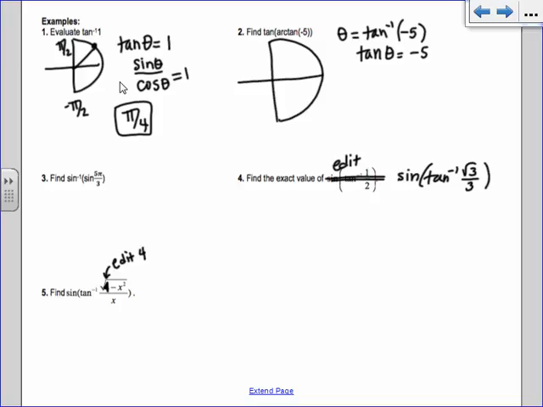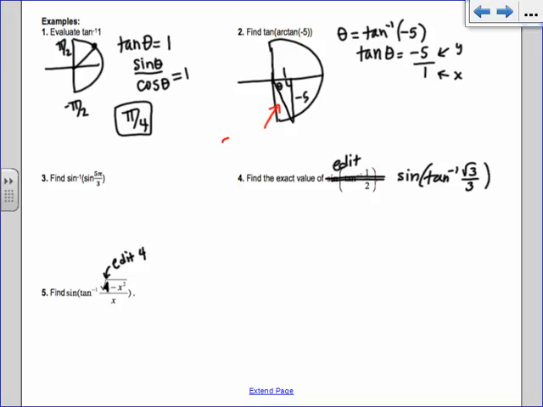And when I sketch out this triangle, I want it to be negative 5 over 1. If you remember, this is the y value over the x value, right? So I'm going to have an x value of 1 and a y value of negative 5. And then my theta is right in there. So I need to find this missing side.